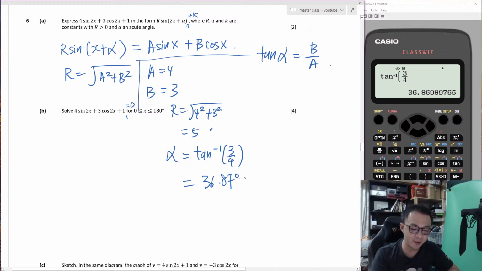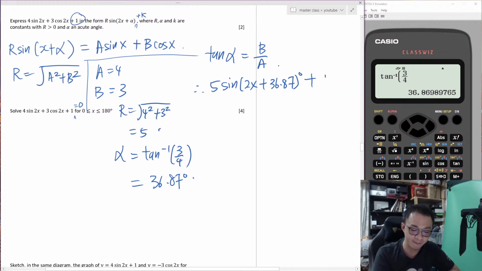Alright, so after I got both of these, the question asked me to do what? Express this one. I got my R, so therefore my answer is 5 sin(2x plus 36.87) and then plus k. We still have a 1 here, isn't it? So it will be plus 1.